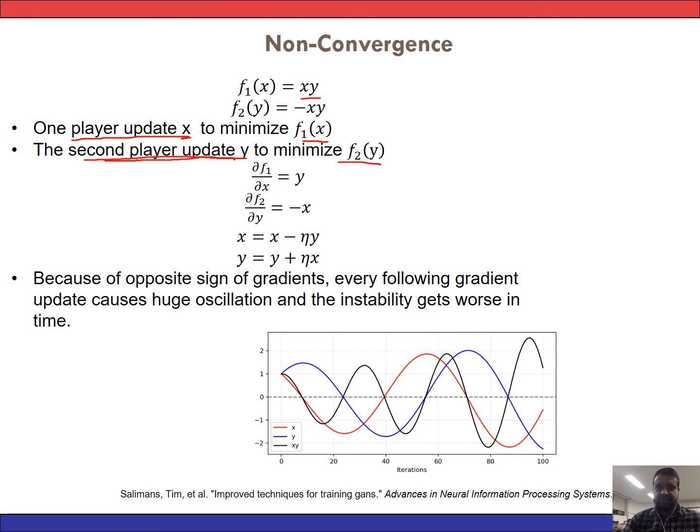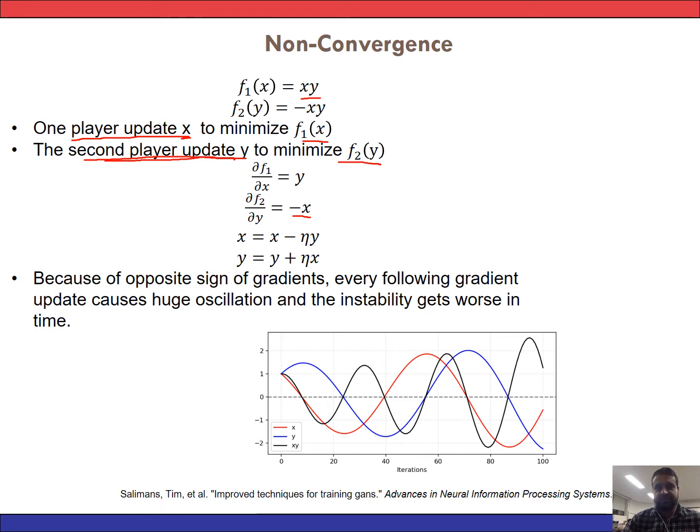Similarly, in the second network, we optimize this function by changing the value of y. So we need to take the derivative of f2 of y with respect to y, and it is minus x.